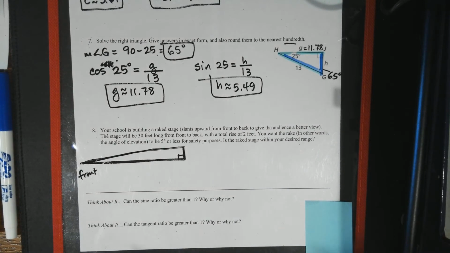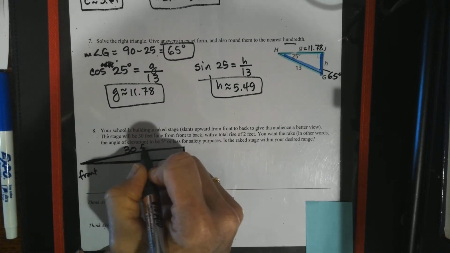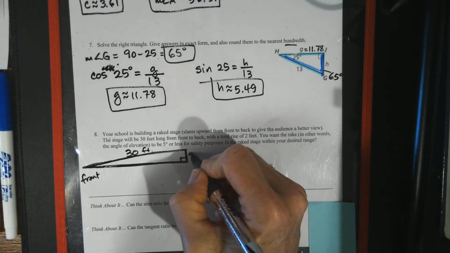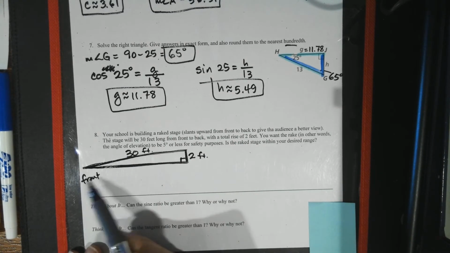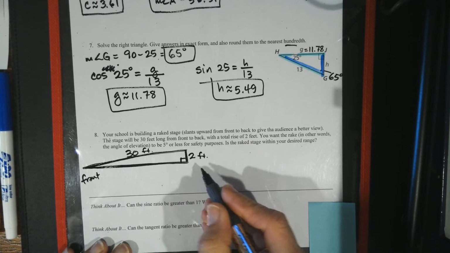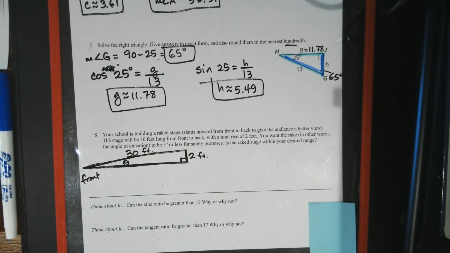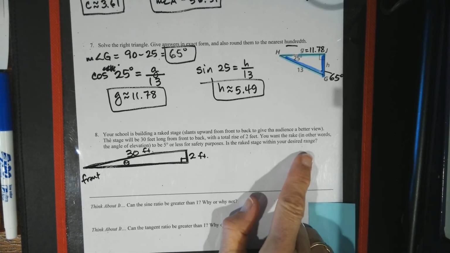The stage will be 30 feet long from front to back, so this is 30 feet. And it has a total rise of 2, so this is 2 feet. You want the rake, in other words the angle of elevation, right here, to be less than 5 degrees for safety purposes. Is your raked stage within your desired range?